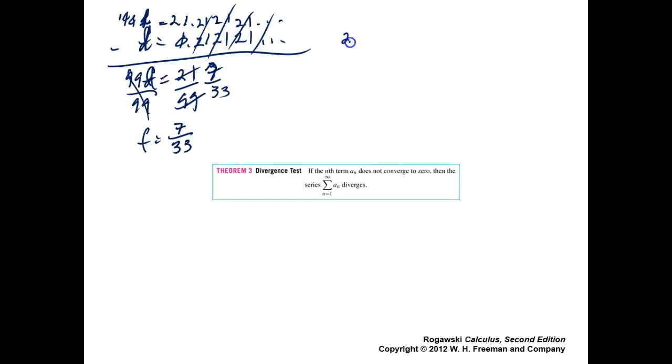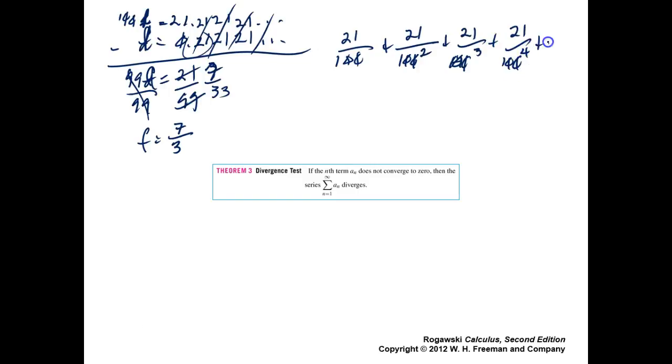You know that the first 2 digits represent 21 over 100, right? But the next one is 21 over 100 squared, which would give you 4 decimals, and sure enough, that's 21 over 10,000, plus 21 over 100 cubed plus 21 over 100 to the 4th plus ... Let's just leave it alone like that.